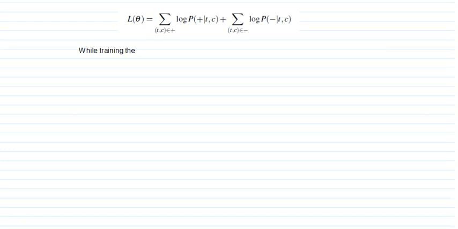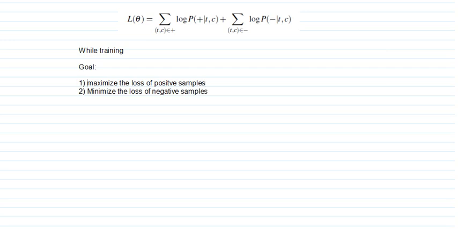the goal is, number one, to maximize the log probability of positive samples, and to minimize it for negative samples, right?